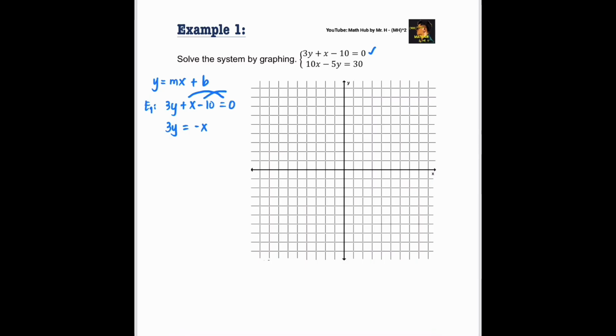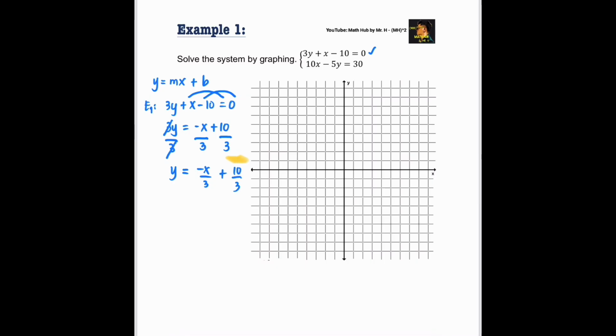Negative 10 moves to the right-hand side of the equation, so from negative 10 it will become positive 10. And we need to divide all terms by positive 3. Y on the left-hand side of the equation equals negative x over 3 plus 10 over 3.